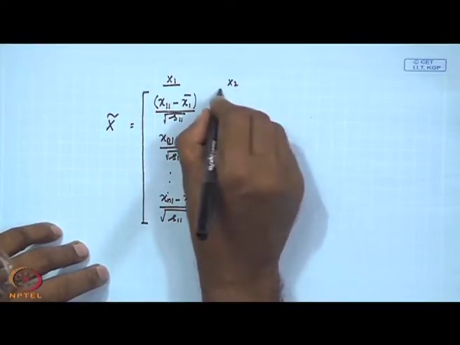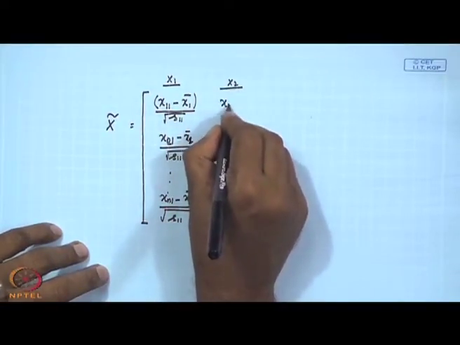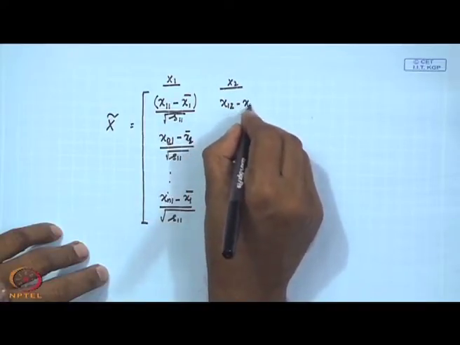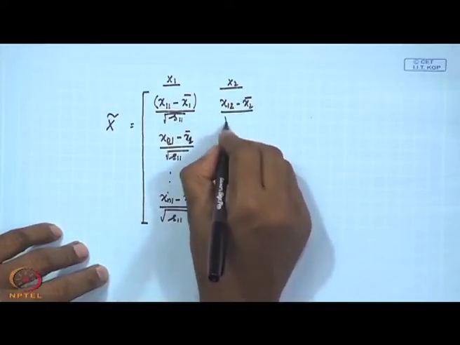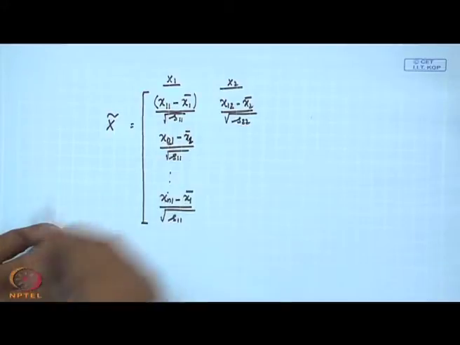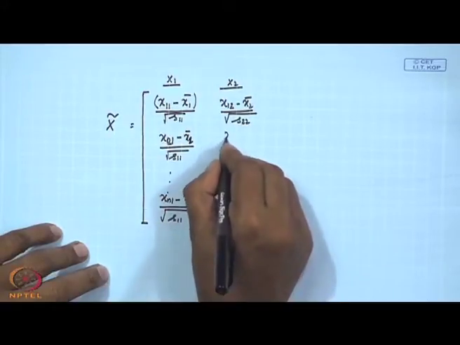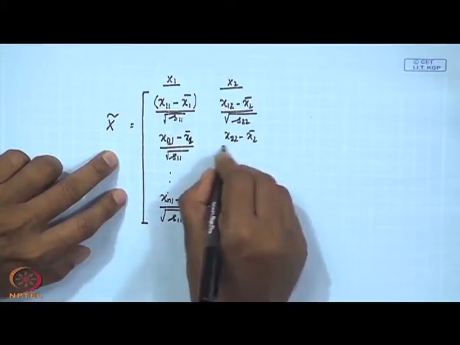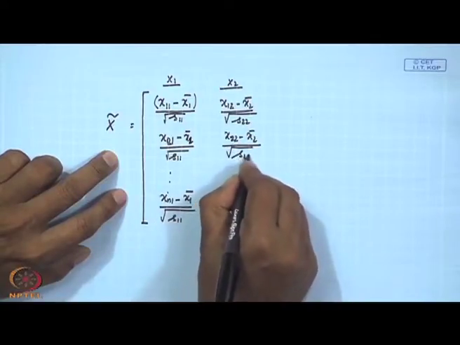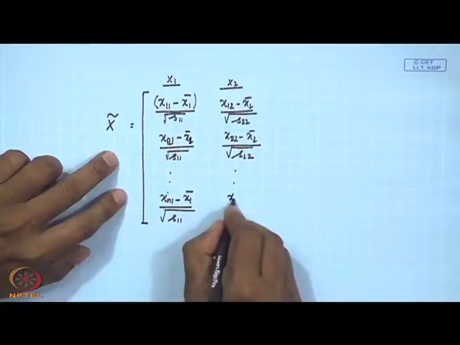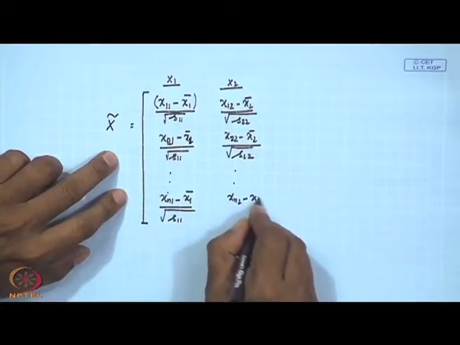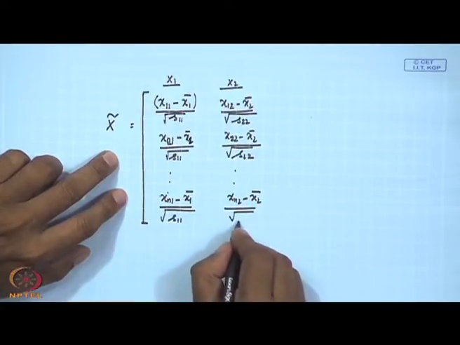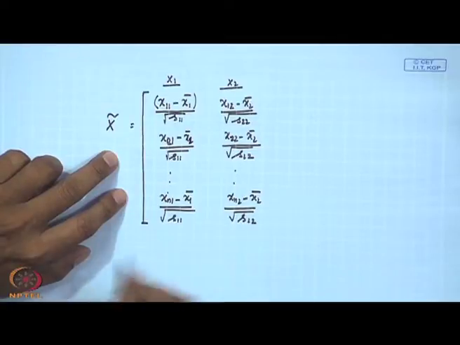For x 2, you will do x 12 minus x 2 bar divided by square root of s 22, then x 22 minus x 2 bar divided by square root of s 22, like this up to x n2 minus x 2 bar divided by square root of s 22.